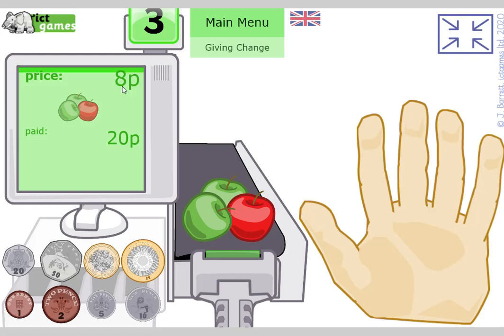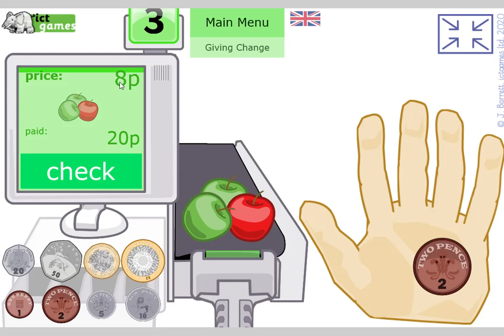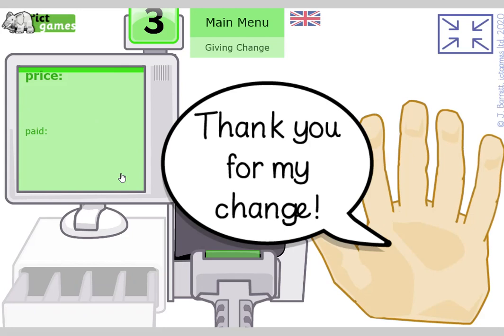And 8 feeling great. And 8. Yeah, 2. So that 2 and 8 gets us to the 10. Now that we've given them change if it was from 10p, but it's not. It's 20p. So now how much more do we need to get from 10 to 20? Another 10. So all together there, they've got how much change? Yes, 12p. Thank you for my change.